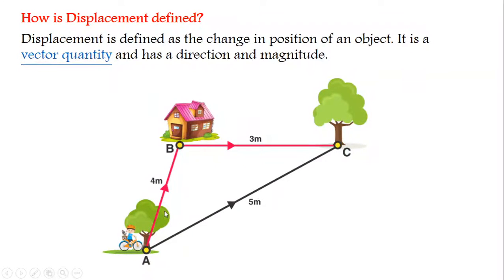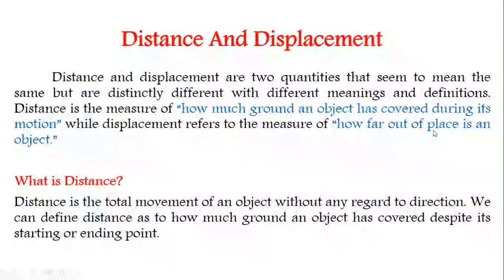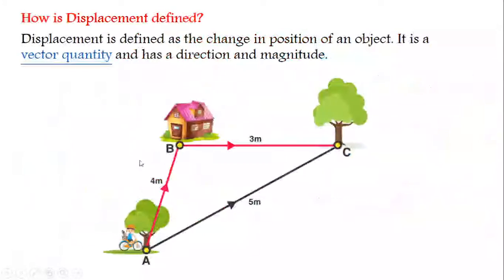And displacement is nothing but how far out of place the object is. The object has moved from here to here. Just this distance is calculated for the displacement. The object has moved from this place to this place. Here the path and the ground distance are not considered.